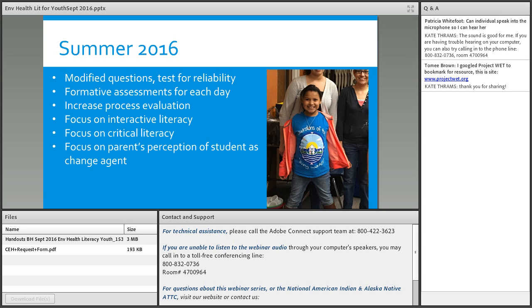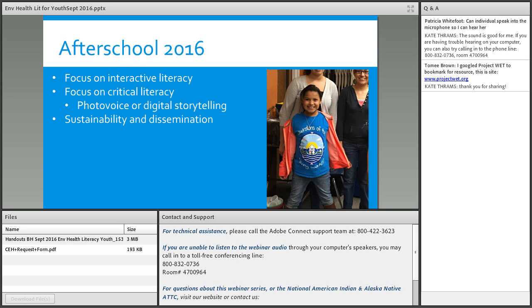What is their perception of the communication they have with their student, and how is the student understanding their role as a guardian, and what does that mean to them? And so we're in the middle of analyzing those interviews right now, and we're beginning to work on what we're going to do for this next school year.